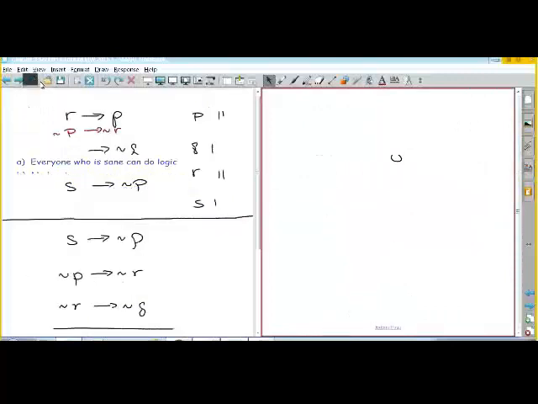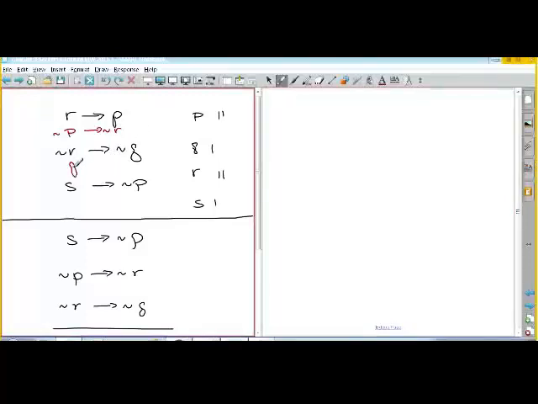So let's do the other one just to show you what the other equivalent would be. To start with, if I took the contrapositive of this, I would switch Q and R. So Q would become the antecedent and R would become the consequent, and I would take the negations off.